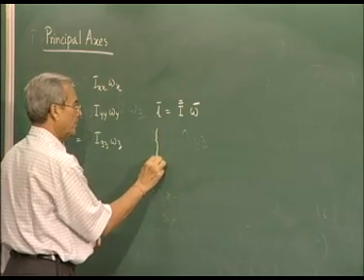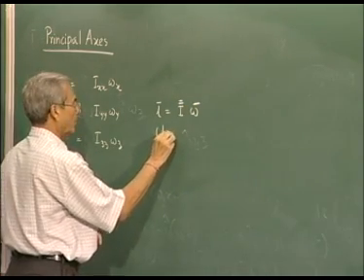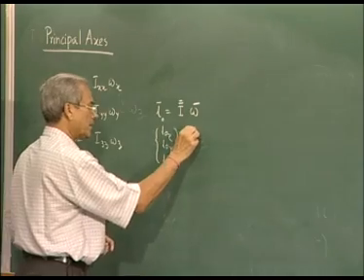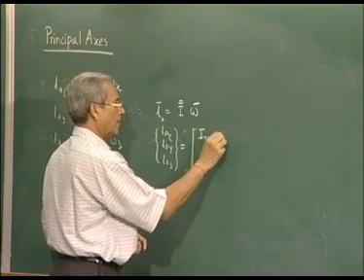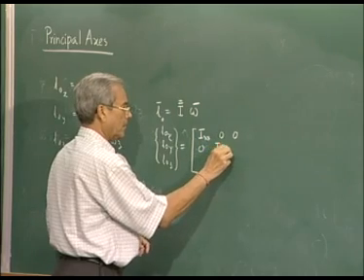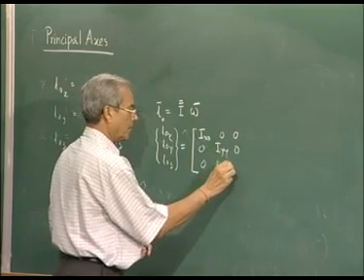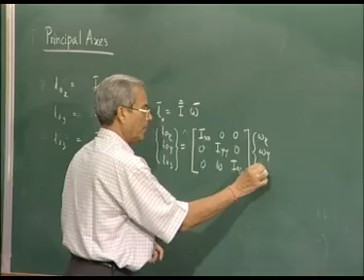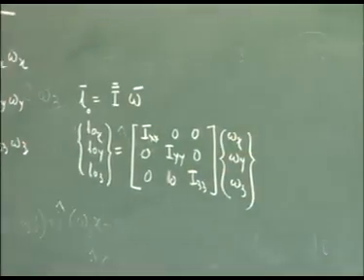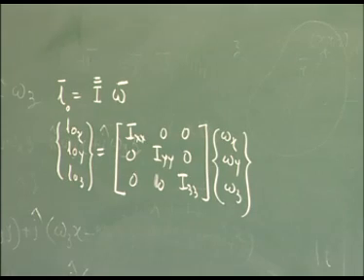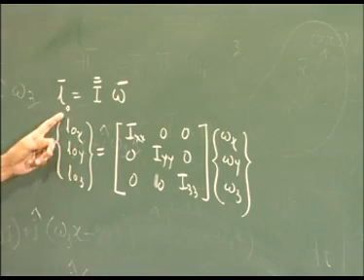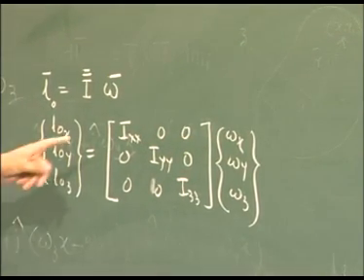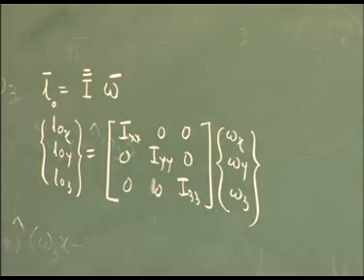or in matrix form, still we need to have a matrix, and even in such a situation we have to keep in mind that the angular momentum vector and angular velocity vectors do not coincide, except for this special situation where I x x, I y y and I z z are all equal in magnitude.